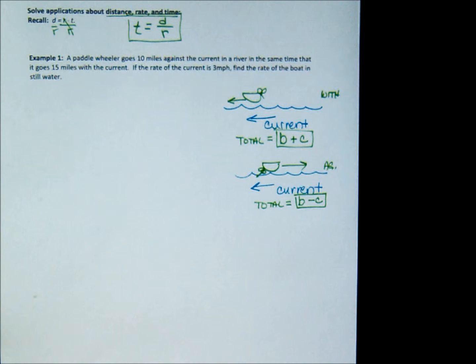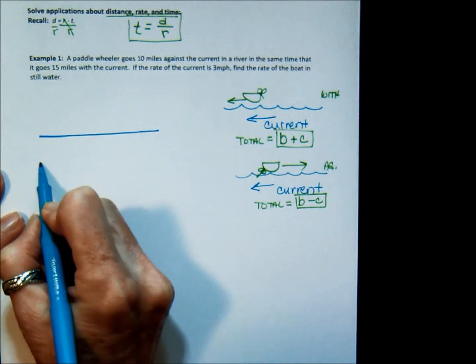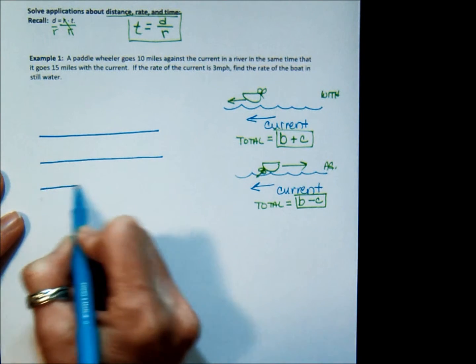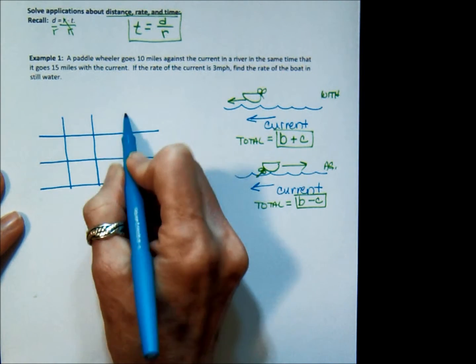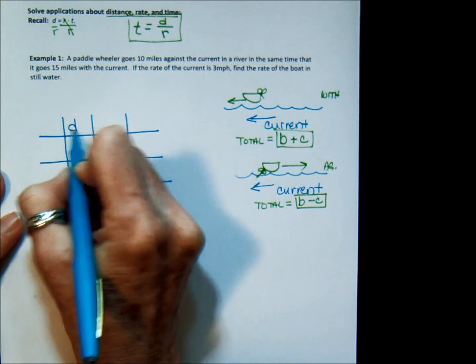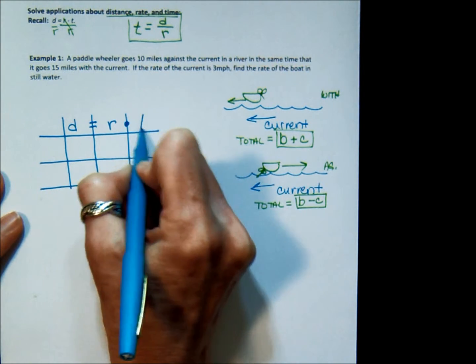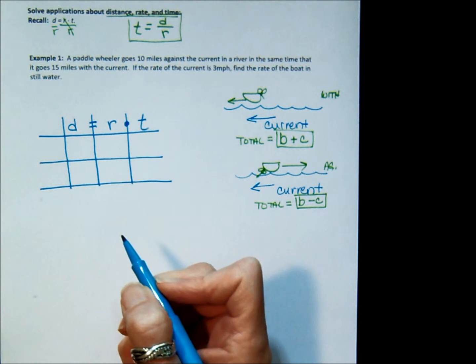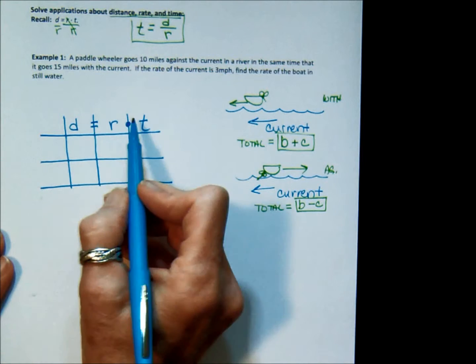So now let me show you how you set up all distance, rate, and time problems. You draw a chart, and that chart is going to look something like this. And in this cell, we write distance equals rate times time. That's how we label the horizontal cells going across the top.